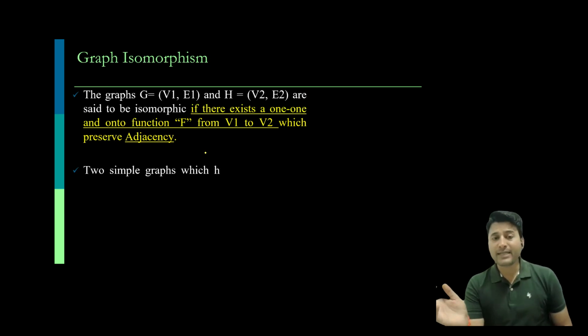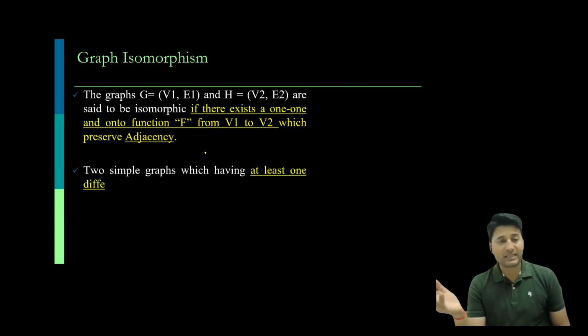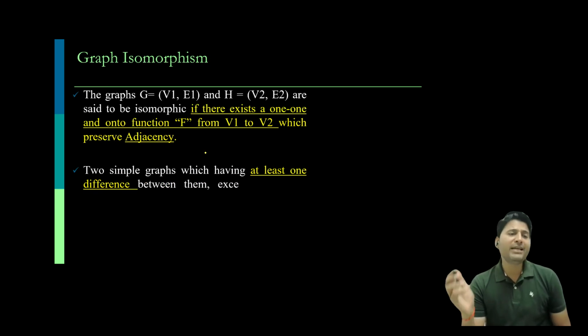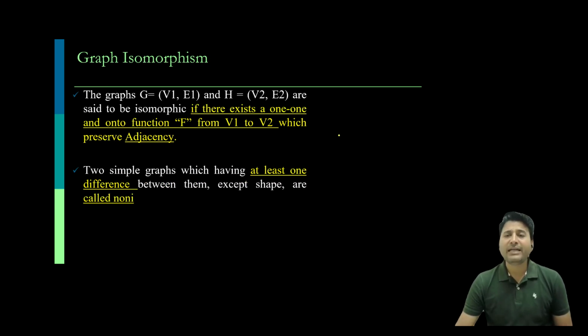If we find at least one difference between them, we call that pair of graphs non-isomorphic.